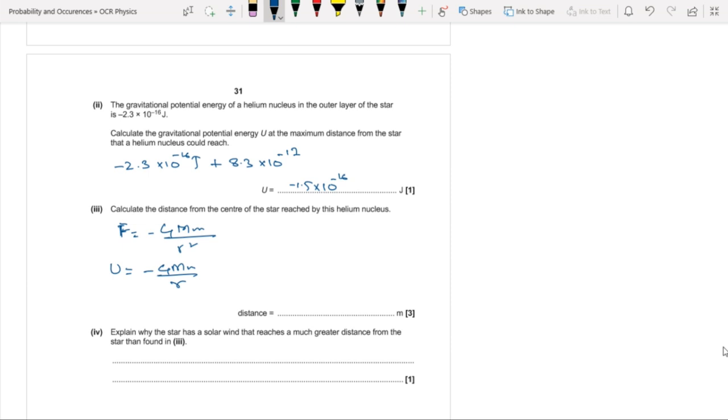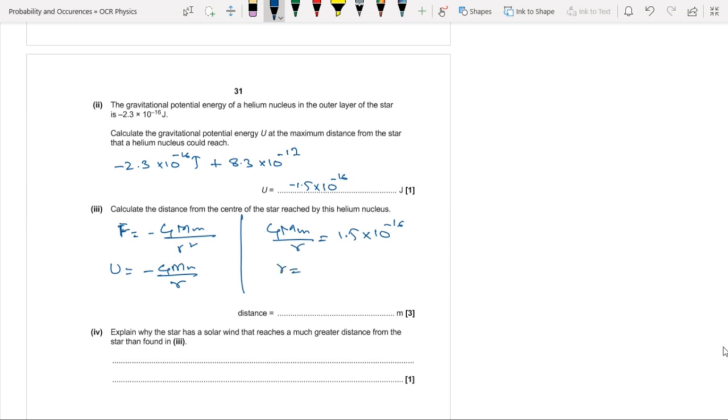The minus sign of U would cancel out, and we will be left with GMm over r equals 1.5 times 10 to the power minus 16, where the mass of the star is also known to us. The mass of the helium nucleus is also given, and the radius r is basically the maximum distance between the two points where the helium nucleus could reach.